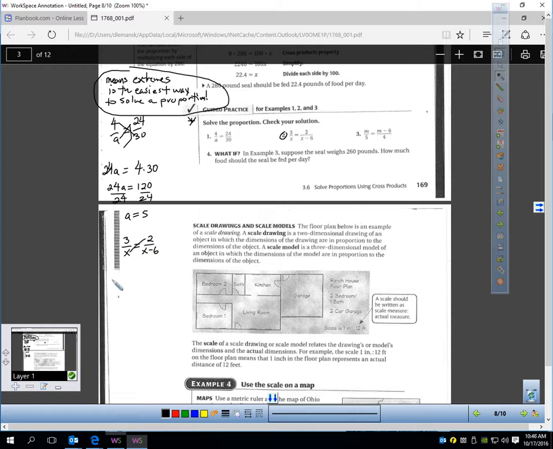That's 2 times x. Here are the extremes. I got to take 3 and multiply it by x minus 6. Now remember, we should simplify before we do anything else. I got to distribute to do that. So 2x would equal 3x minus 18, right? 3 times x and 3 times 6.